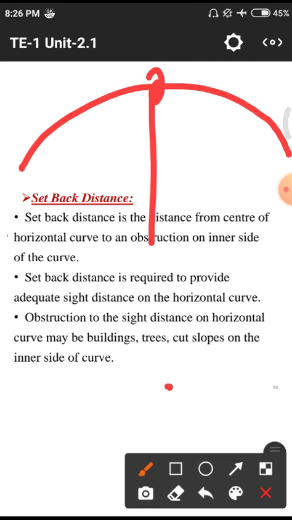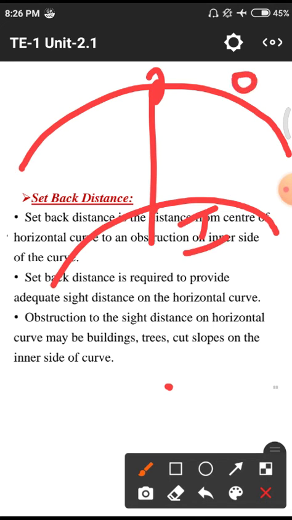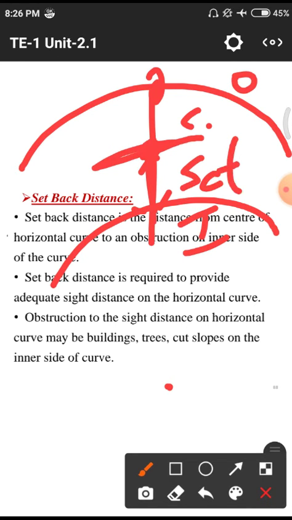This is the total road we are having. This is the inner side and this is the outer side. From the center point to this point we are having this setback distance. This is the setback distance.